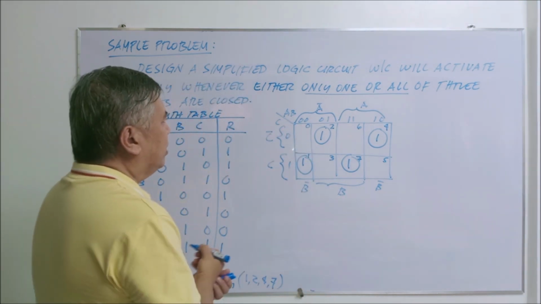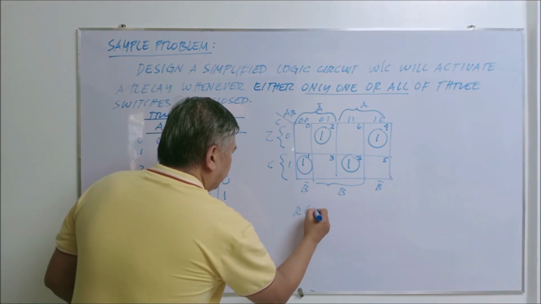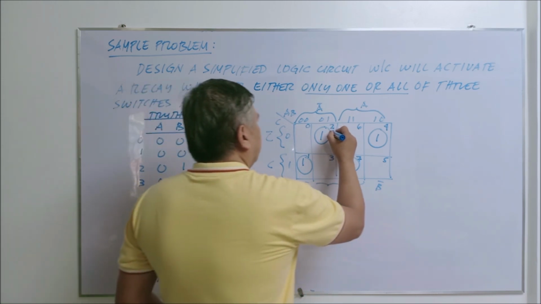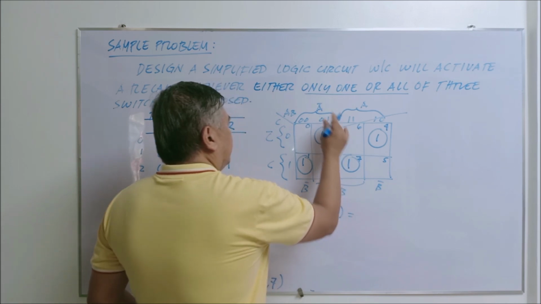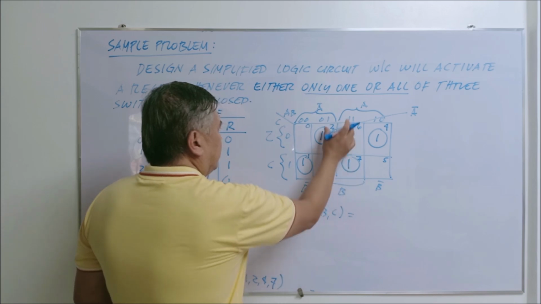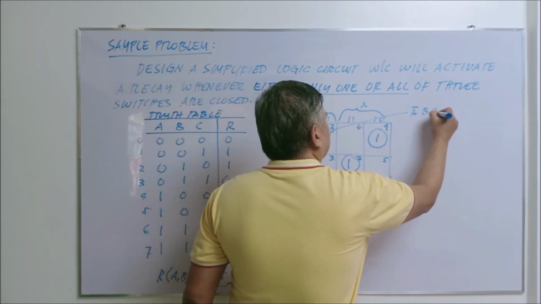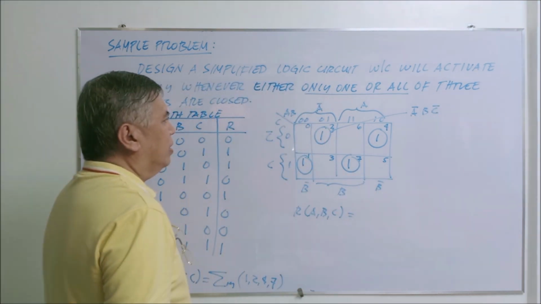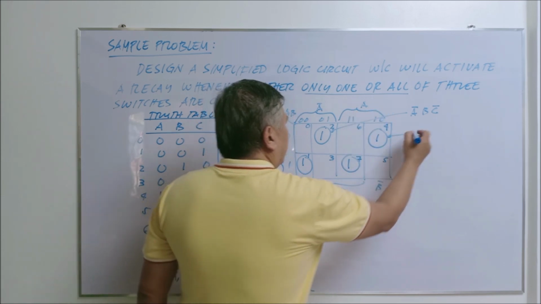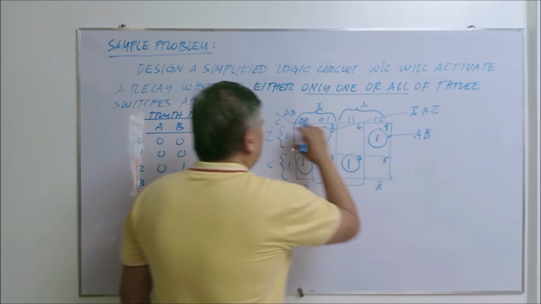So what will be our equation? R as a function of A, B, and C: the intersection of this is under A bar, B, and C bar. And this one is under A, B bar, and C bar.